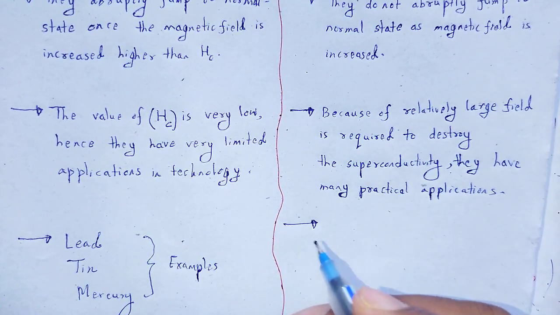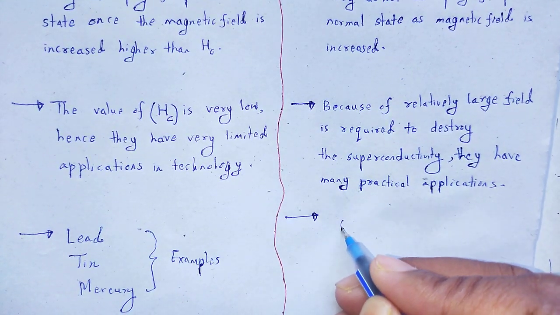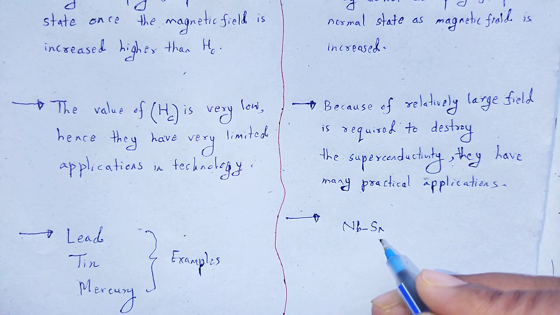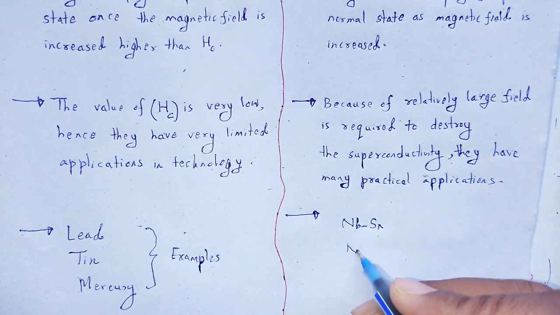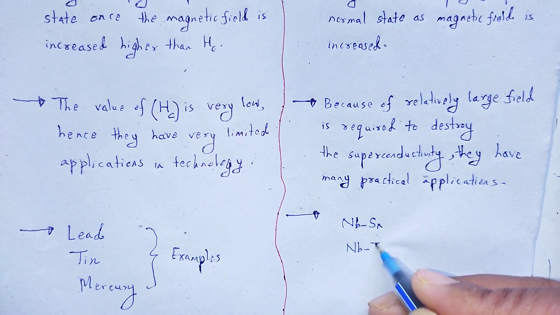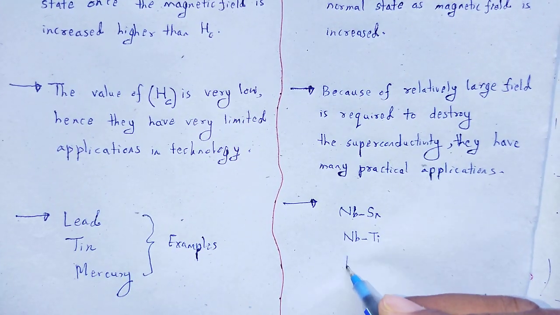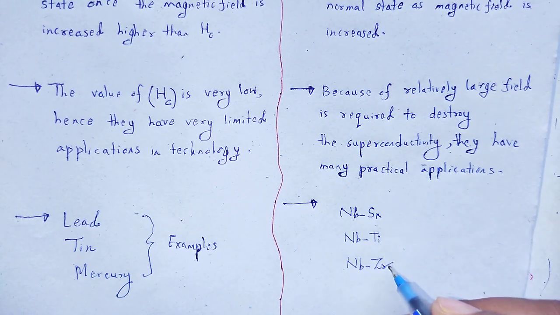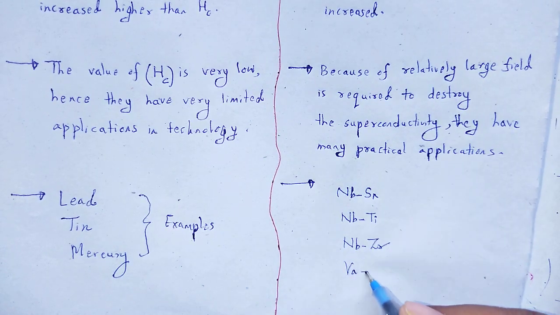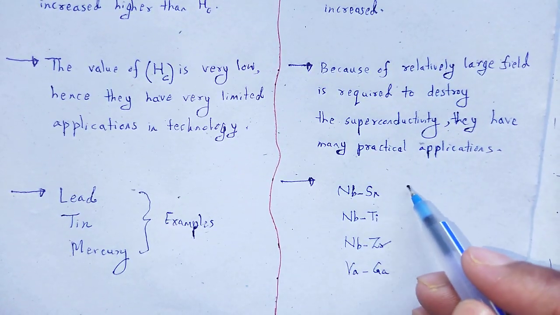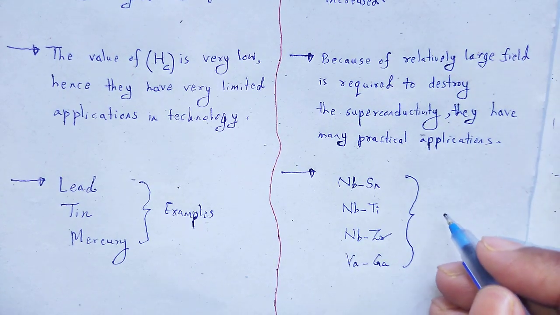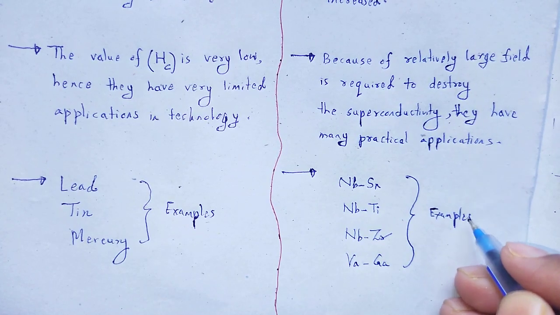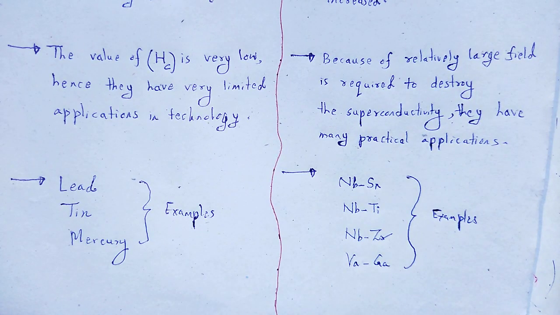Similarly for type 2 superconductors, the examples are niobium-tin, niobium-titanium, niobium-germanium, vanadium-gallium compound. These are the examples of hard superconductors or type 2 superconductors.